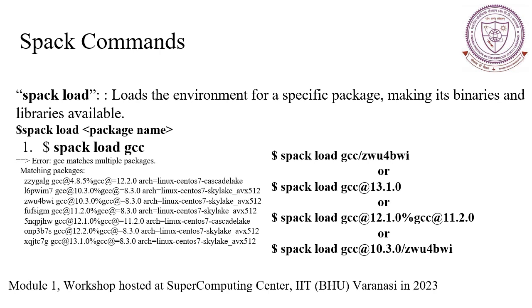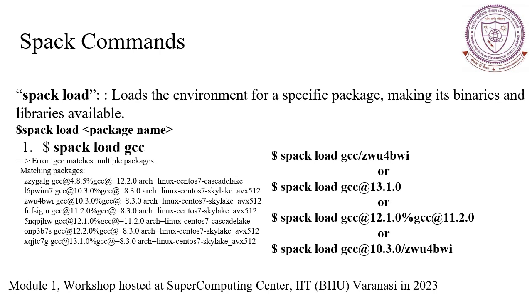One thing to note is that at the rate always comes with the version, that is, which version of that particular application you want to load, and percent comes with which compiler this particular application is being built.